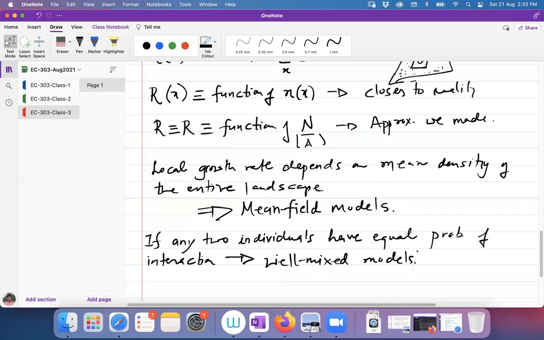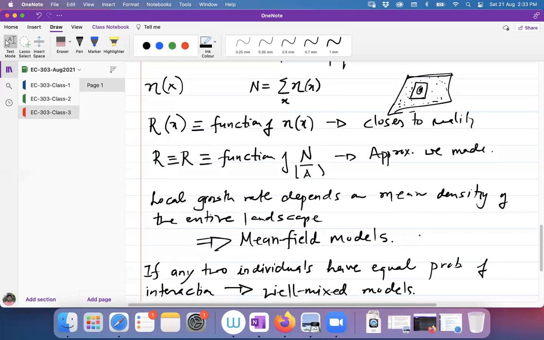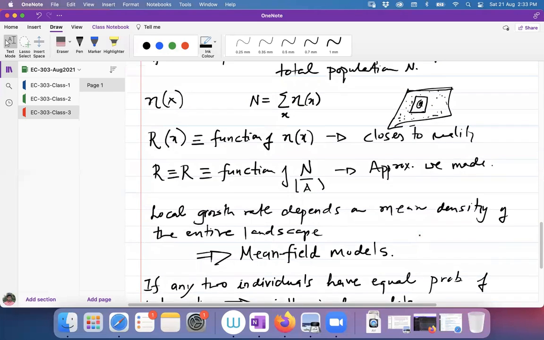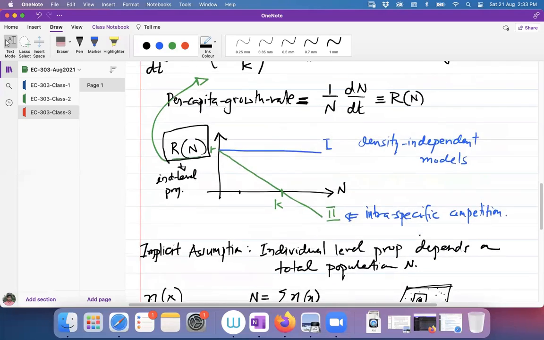And when you stir well, no individual spatial location becomes unique or important, because the individuals are all over the place. And therefore, that's another case when these kinds of approximations are valid. So that's the context of how we study these simple models.